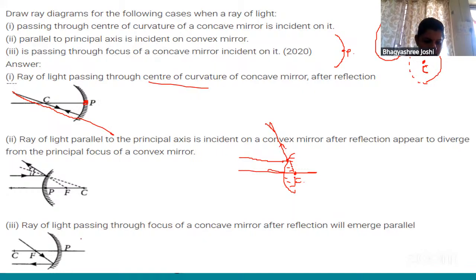Okay, next. A ray of light passing through the focus of a concave mirror will emerge parallel after reflection. So here it is passing through the focus and after reflection it goes parallel to the principal axis like this. Okay.